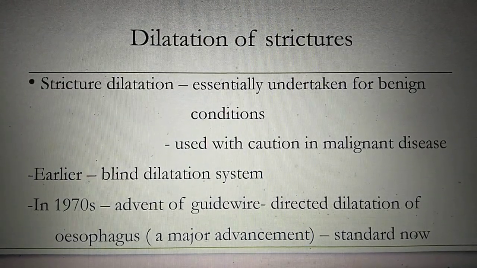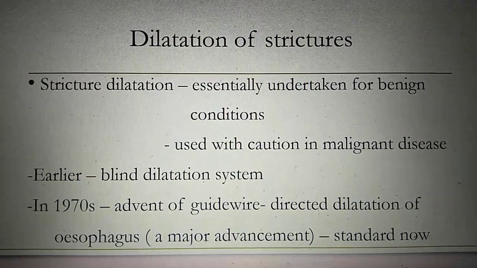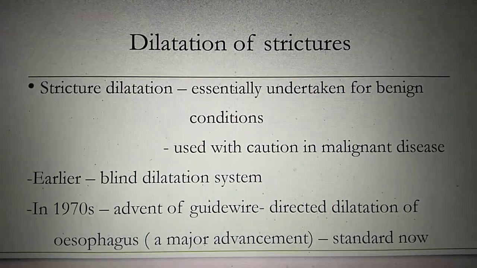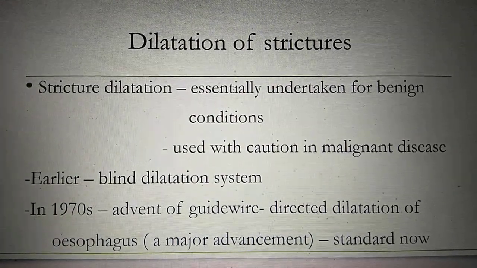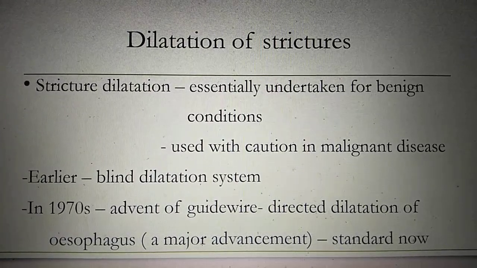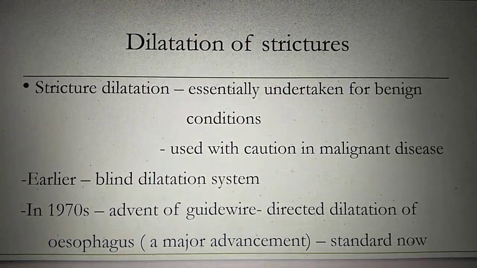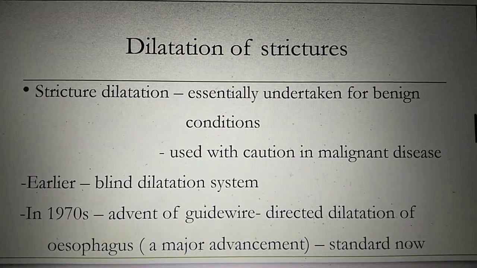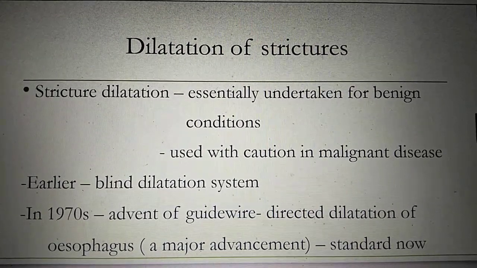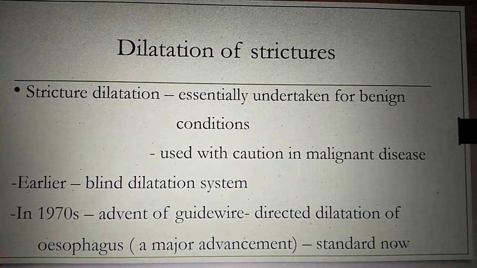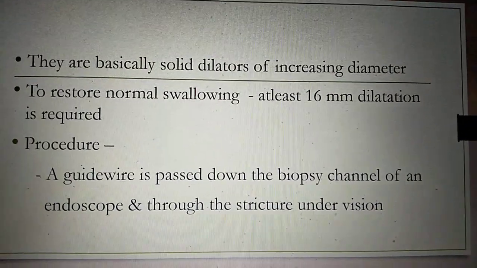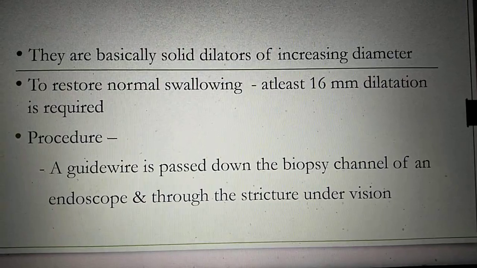Earlier, this dilatation was basically a blind procedure. But in the 1970s, the advent of guide wire directed dilatation of the esophagus was a very useful development, and nowadays this is the standard over-a-guide-wire dilatation.